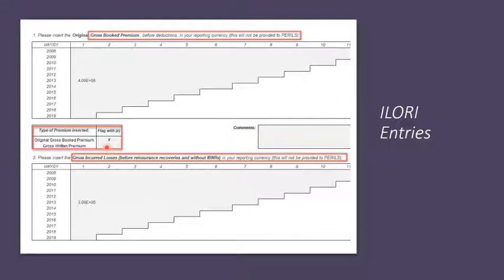The loss ratio is artificially kept lower, compared to a loss ratio calculated as incurred losses divided by booked or earned premium. That's why you have to flag it here. But the baseline is we try, whenever possible, to get from the contributors gross booked premium before deductions in your reporting currency.